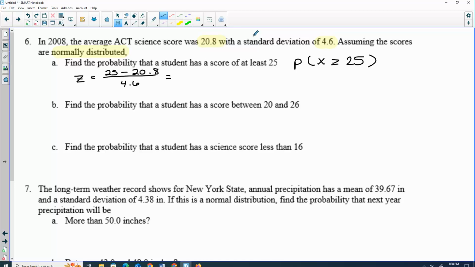So we're finding that Z. Make sure when you put this in the calculator, put that in parentheses. So this means we are finding the probability that Z is greater than 0.91. And then how do we get greater than from our table? 1 minus. So we have our Z, we look up 0.91, and that is 0.8186.